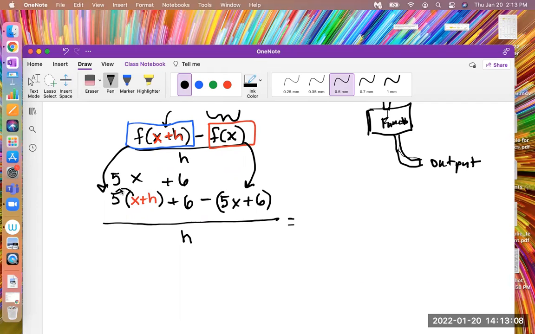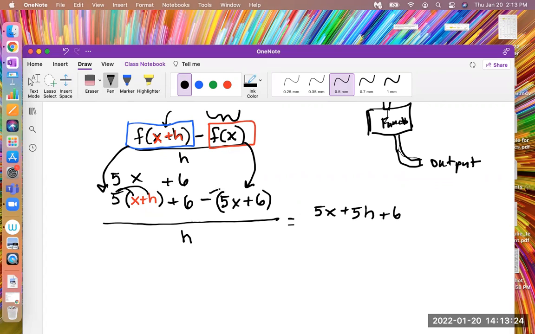5 times x and 5 times h. So 5 times x is 5x, and then 5 times h is 5h. Plus 6. I'm just going across.